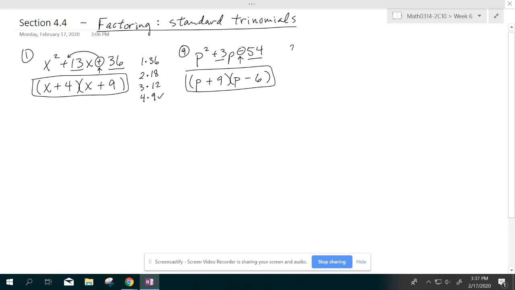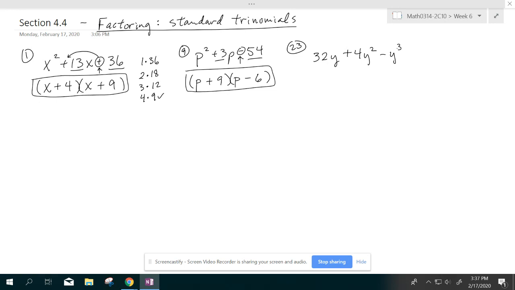Okay, next, 23. And the instructions say factor. I want to factor completely.